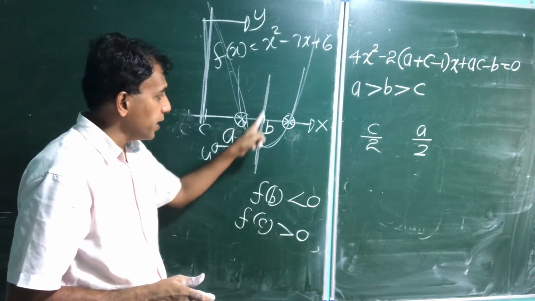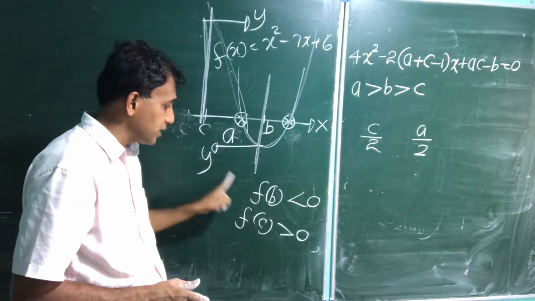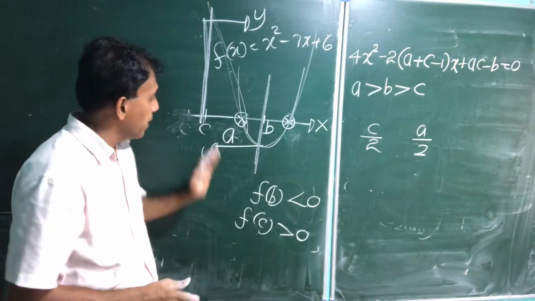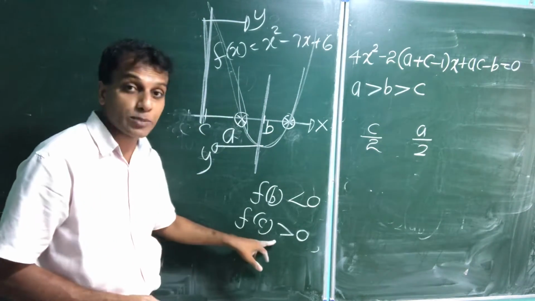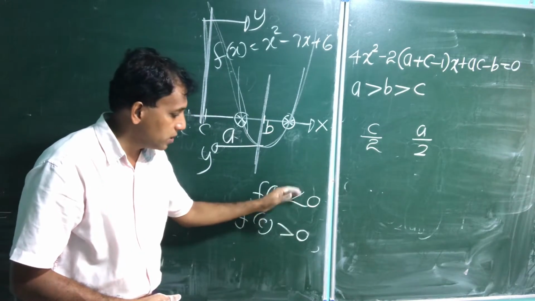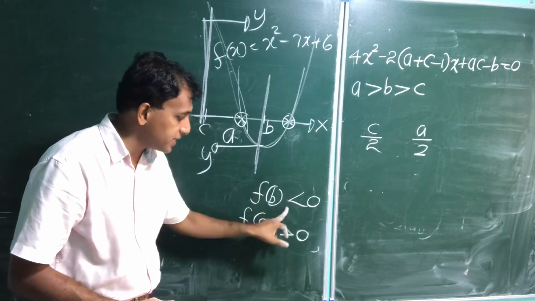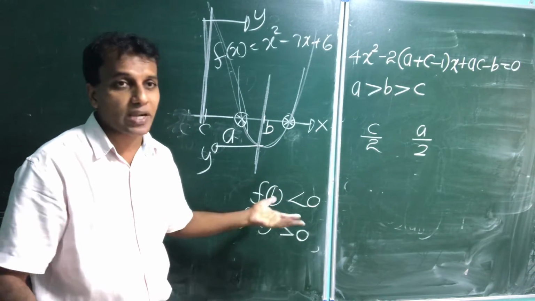Apply f of b, the answer comes negative. Apply the other value, and the function's value is positive. If you multiply these, minus times plus, the answer becomes minus.